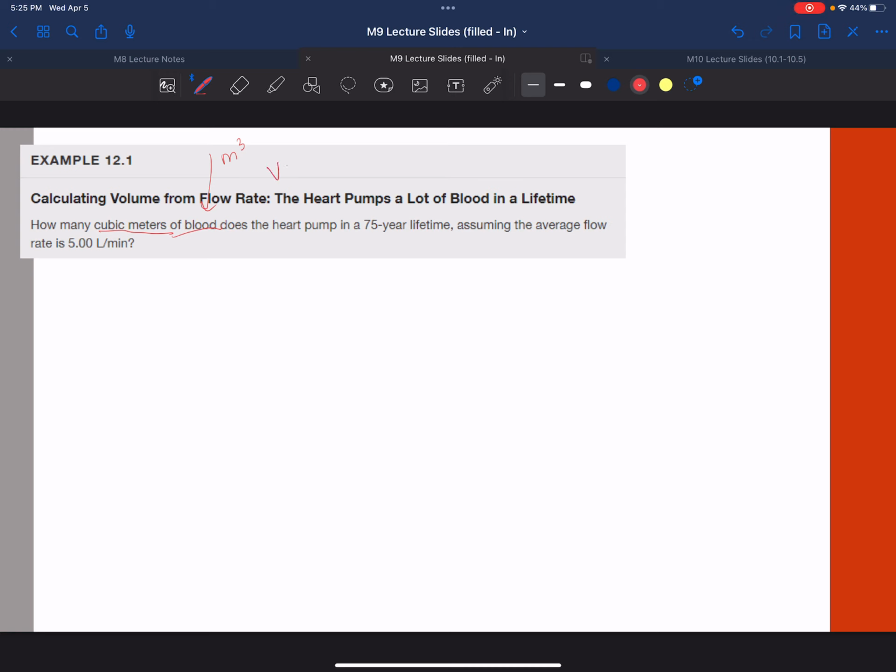So it wants us to find the volume, or they're giving us information about the lifetime of this individual and then a rate in liters per minute. I can already see an issue here because I'm given a lifetime in years. However, I am given a flow rate in liters per minute, and that's not going to work out when I think about my units. So we know that Q equals AV, and that V stands for velocity. So if we're looking for volume, how on earth are we supposed to get that in there?